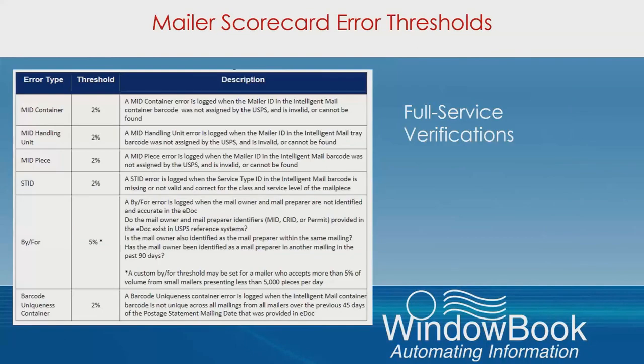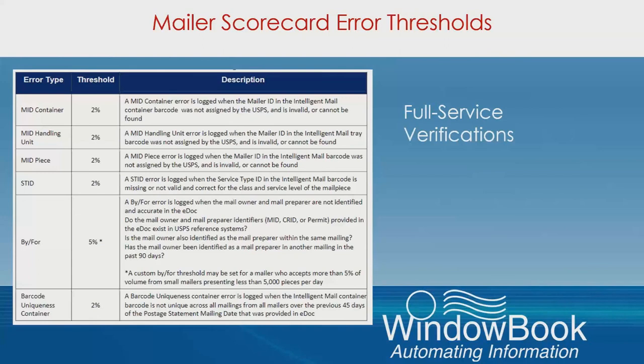For intelligent mail full service, the Postal Service verifies a number of things. They'll check the mailer ID of the piece, handling unit, and container, such as a pallet. The verifications check that the MID is present and that it's a valid MID. The service type ID, or STID, is also verified to ensure that it's present and that it's valid for the class of mail and the service level of the mail piece.